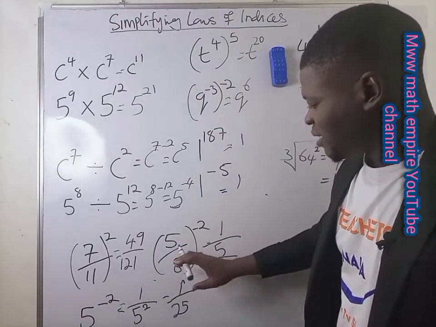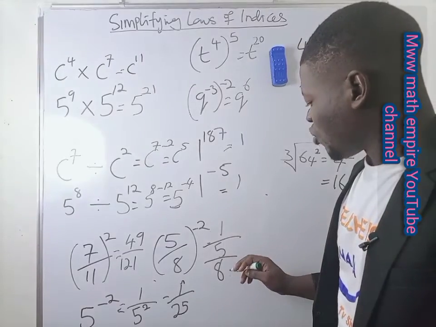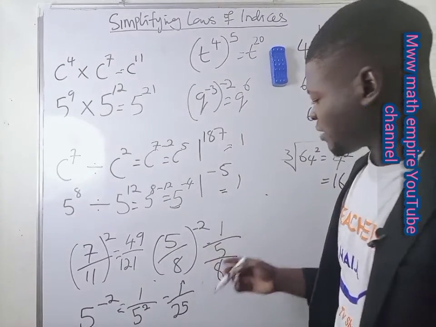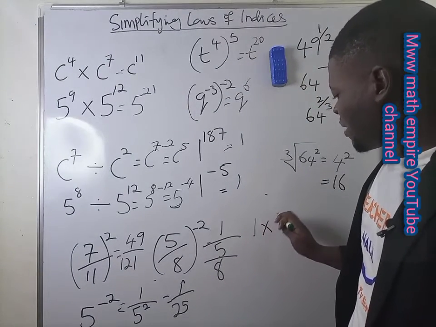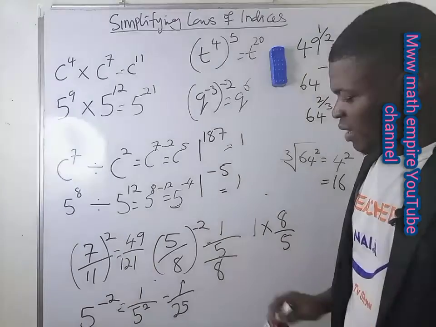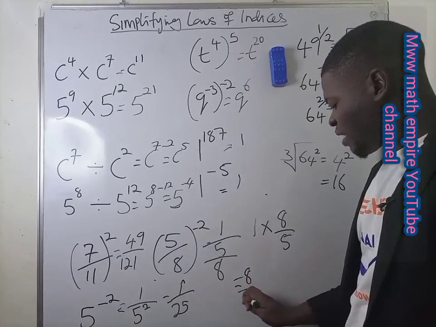Now let me get rid of this very thing right now. You will see the reason we do the inverse. I will now be having 1 multiplied by 8 all over 5. At the end of the day, I am having 8 over 5.